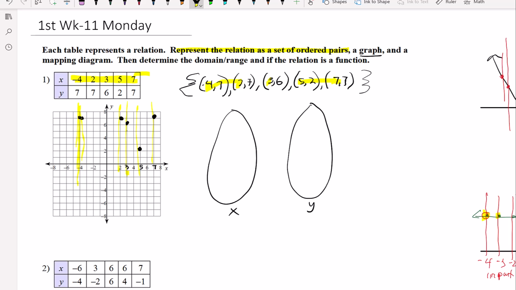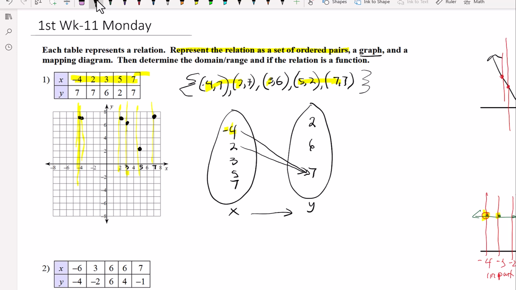All right, then we're going to go to mapping, and you put them in least to greatest. And the y values: a height of 2, a height of 6, and a height of 7. Then you always map going from x to y. At negative 4, we have a height of 7. At positive 2, we have a height of 7.